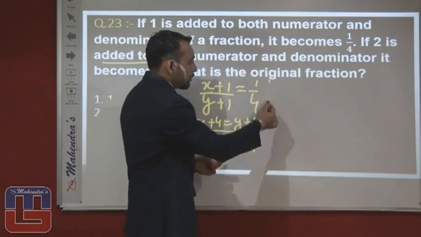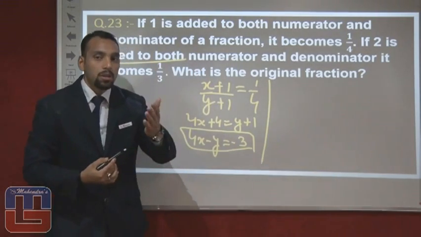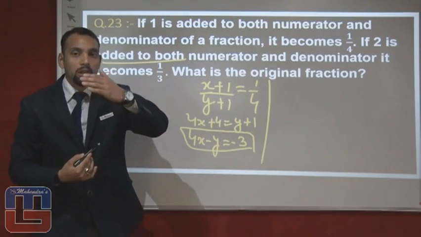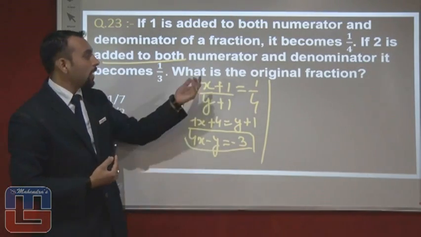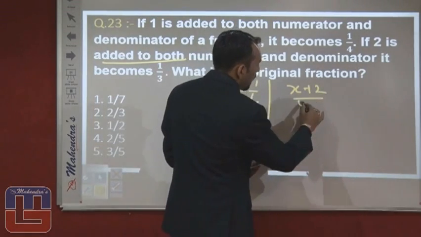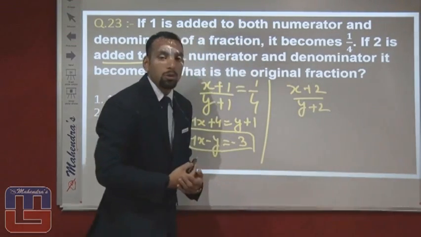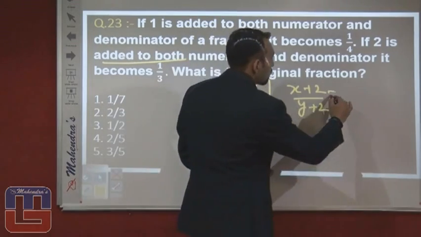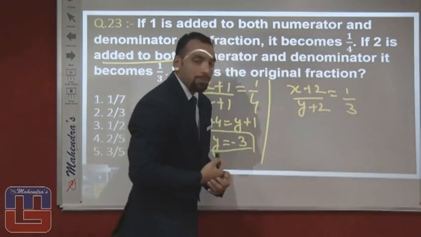Now the second condition is if you add 2 to both numerator and denominator, it becomes 1 upon 3. So follow the condition, x plus 2 upon y plus 2, which will be equal to 1 upon 3.